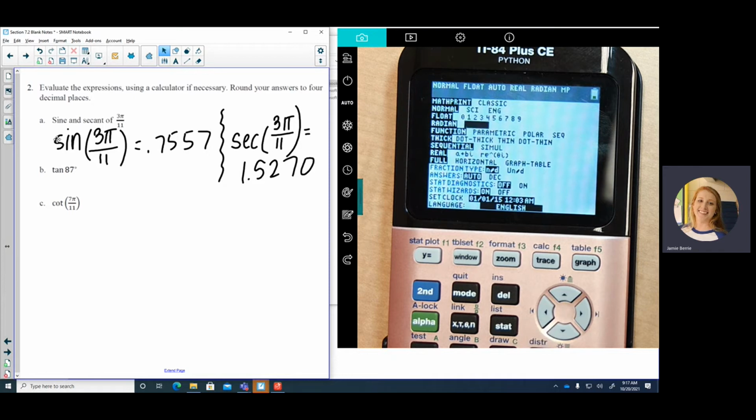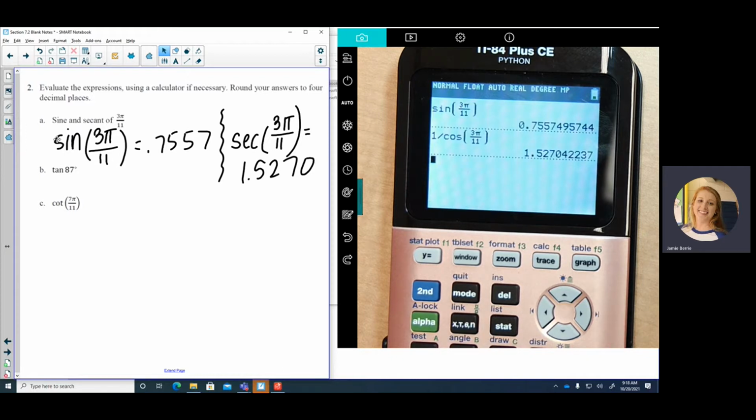Just hit enter once you're blinking over degrees. Hit second mode, that's going to quit and take you back to the home screen. So tangent of 87. You don't have to put the degree symbol in there. Your calculator knows that that's an angle in degrees. So tangent of 87 degrees is 19.0811.